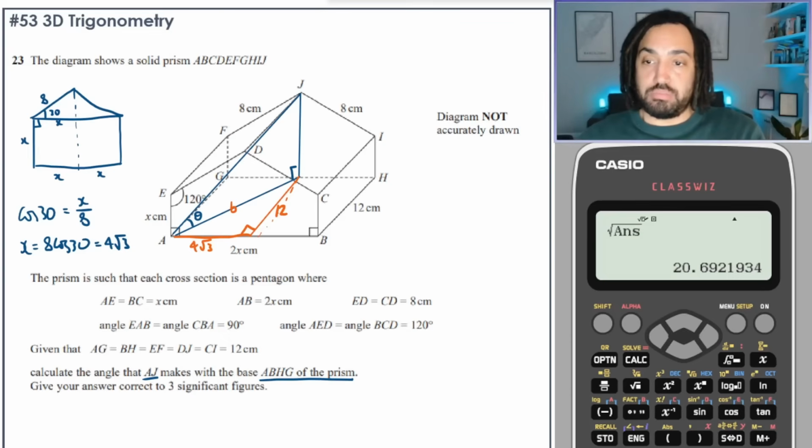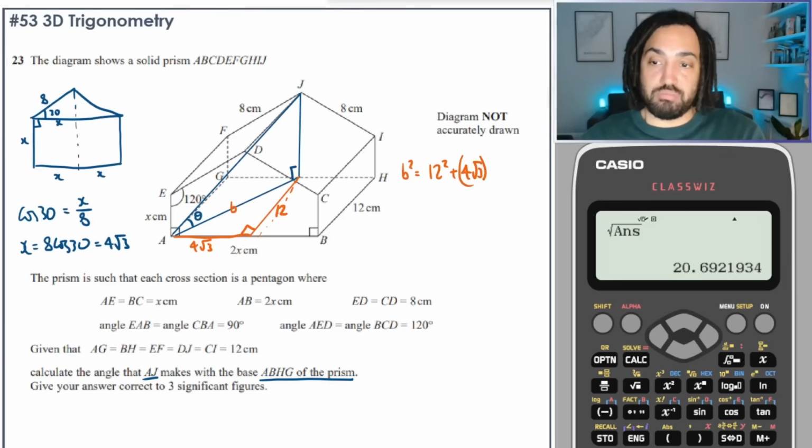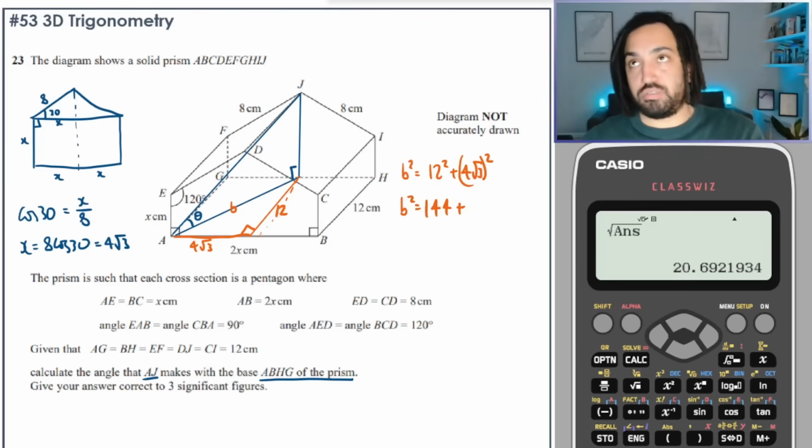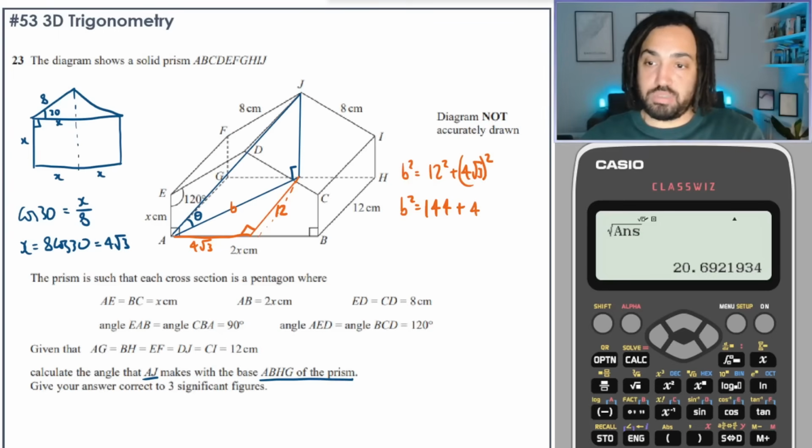So b squared is going to equal 12 squared plus 4 root 3 squared, which is 144 plus 48.